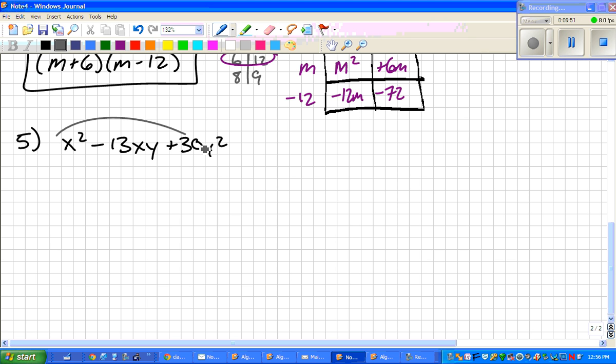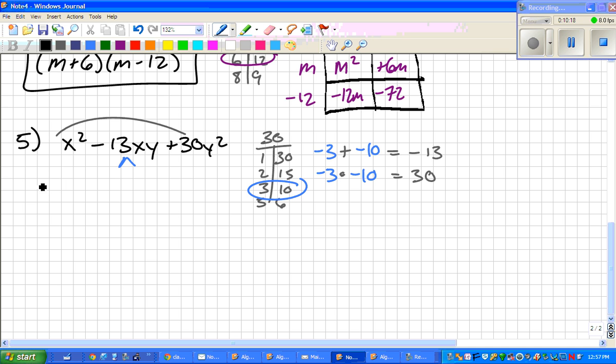There's no GCF, so we're going to do the factors of 30, 1 and 30, 2 and 15, 3 and 10, 5 and 6. And which pair adds up to negative 13 and multiplies to get to 30? Okay, negative 3 and negative 10.